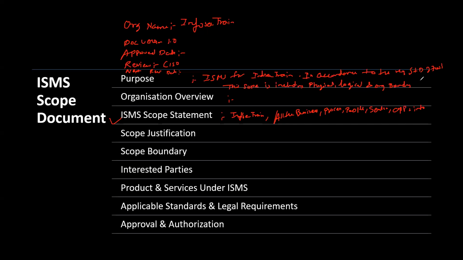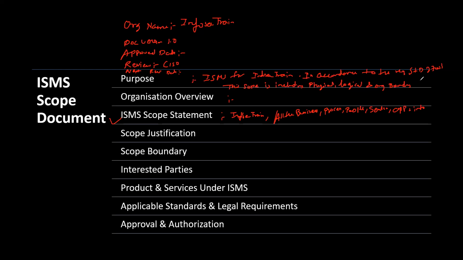All the supporting software, all the cloud services, any consultancies, any clients, and the administrative function as well. Each and everything is considered and needs to be mentioned, because we are covering the complete organization.